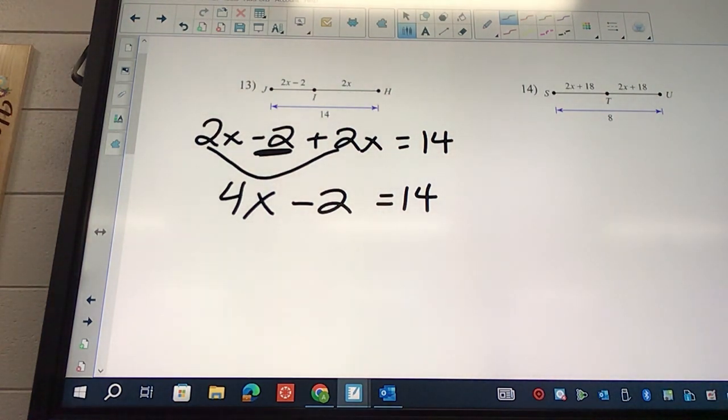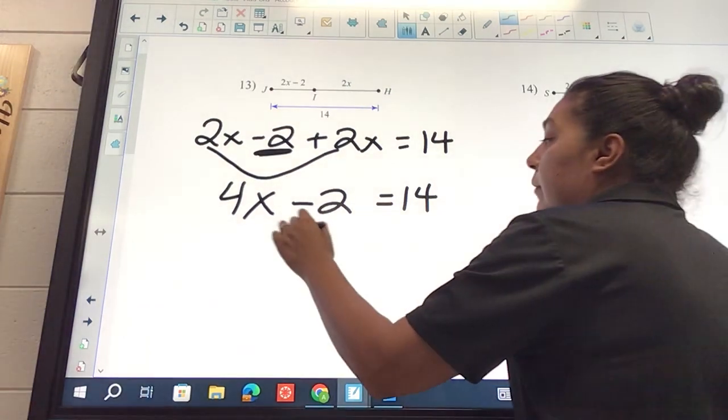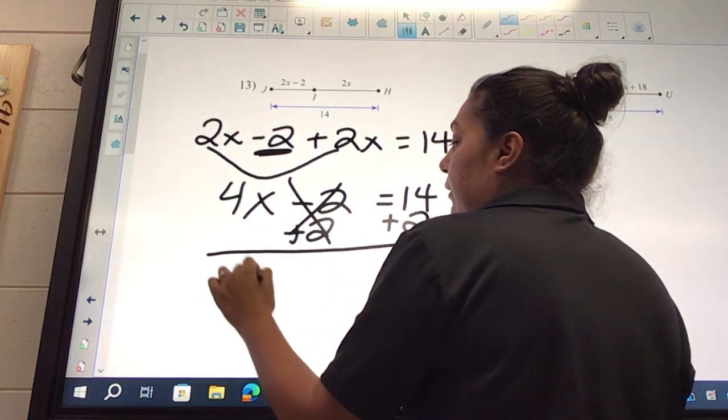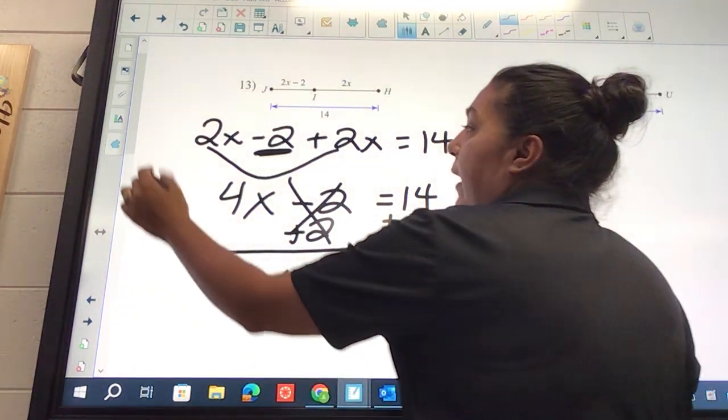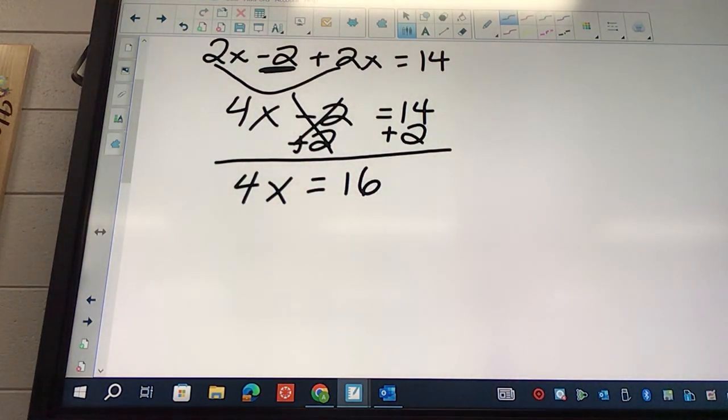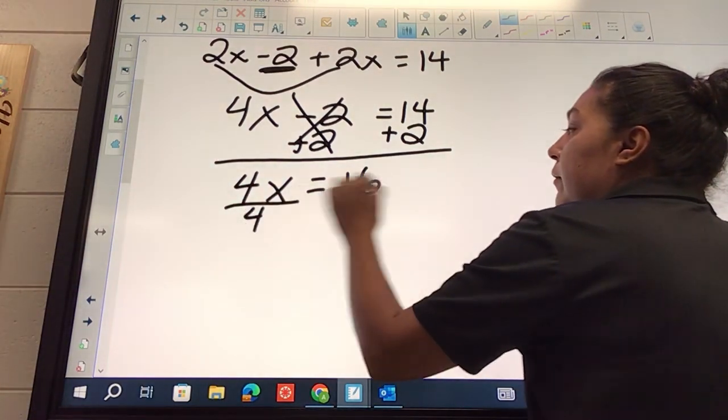Then what, Jason? Plus 2. Plus 2, good. So I got 4x is gonna equal what? 16, good. And then we divide by 4.